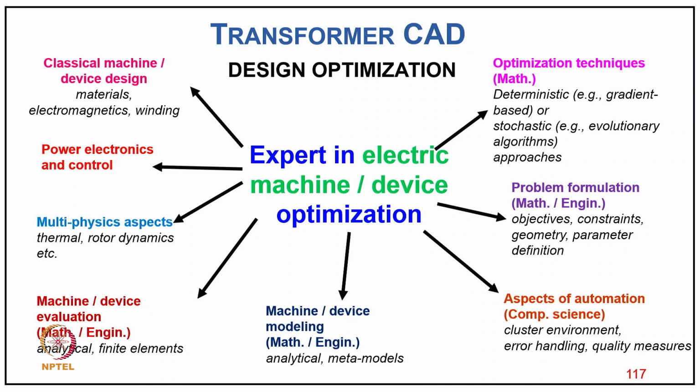You typically require optimization techniques for solving the problem, like gradient based, heuristic based, evolutionary algorithms, and problem formulation, like the method of engineering object design, defining the objective function, constraints, geometry parameters, and aspects like automation, like cluster and environment, and then machine and device modeling, then machine device evaluation for analytical and finite element, and multi physics aspects like thermal and rotor dynamics, and like typical power electronics control, and classical machine design as material, electromagnetic, winding design.